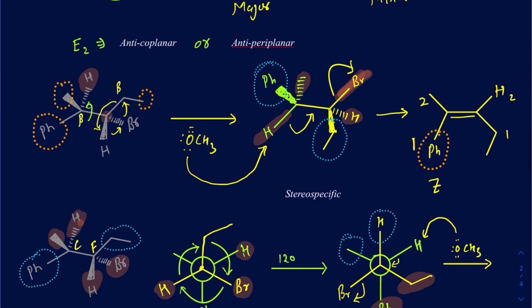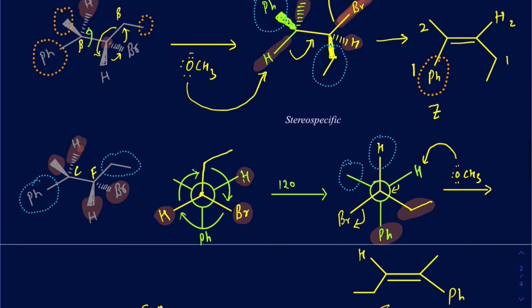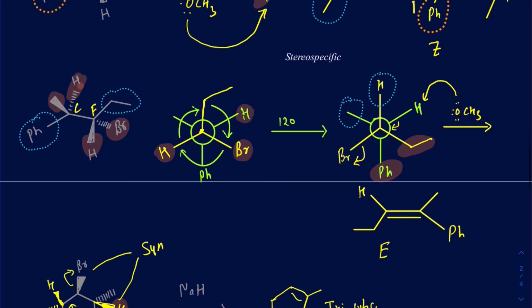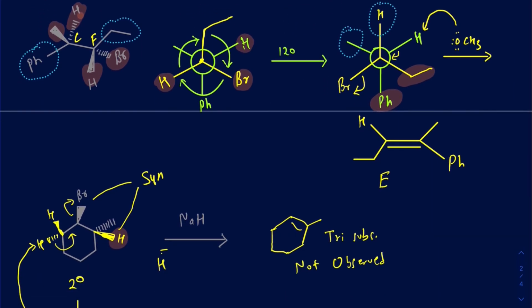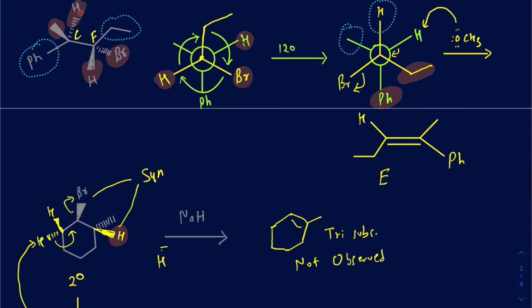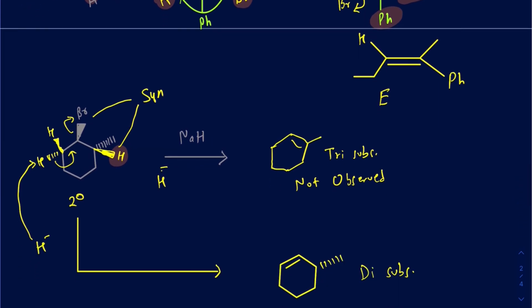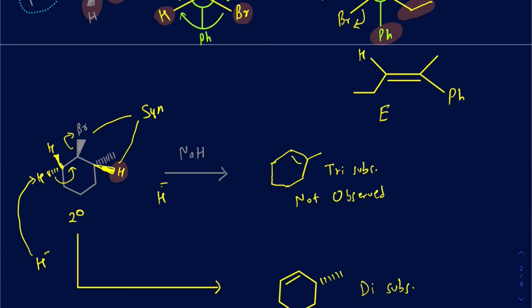And be able to rotate the molecule until your bromine or your leaving group and your beta hydrogen are anti-coplanar or anti-periplanar. And then sometimes if they're not, you're going to be removing the protons from the other beta carbon, and that's going to be not making the most substituted alkene. In that case, you may be just getting a Hoffman product even with a small base. But if you have a big base, it's always going to be a Hoffman product.